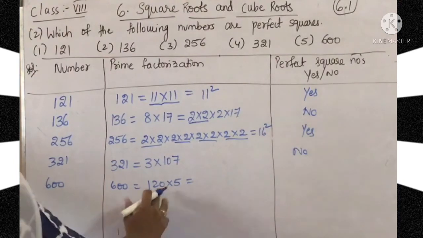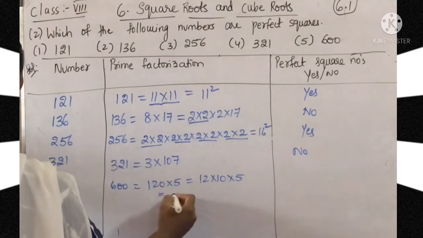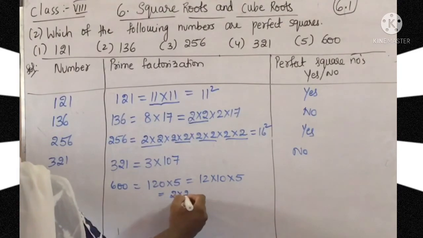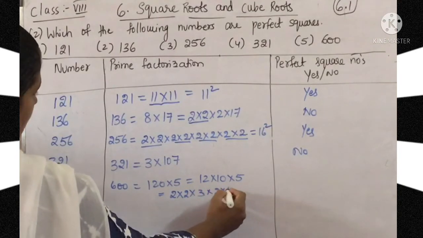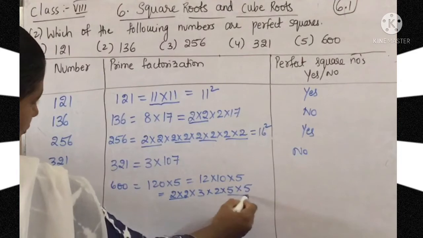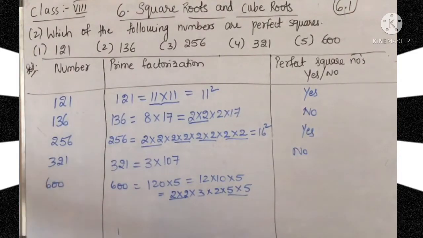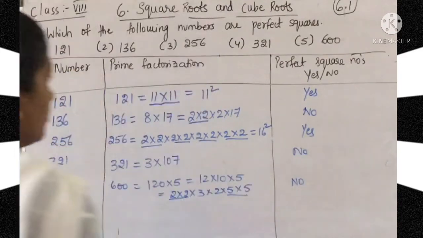So 120 can be written as 12 into 10 into 5. 12 can be written as 2 into 2 into 3, and 10 can be written as 2 into 5, and this 5. So here 2 twos are there, 2 fives are there, but a single 3 and a single 2 are there. So we can clearly say it is not a perfect square.